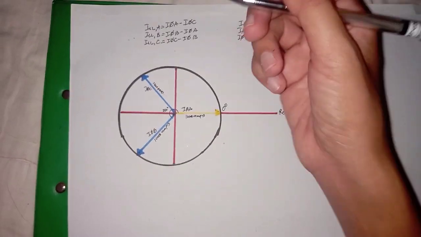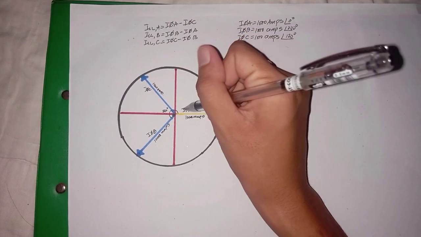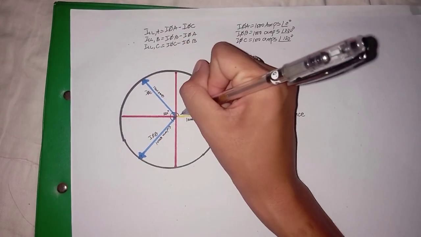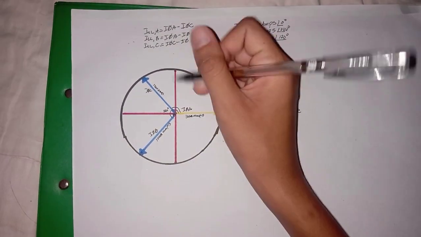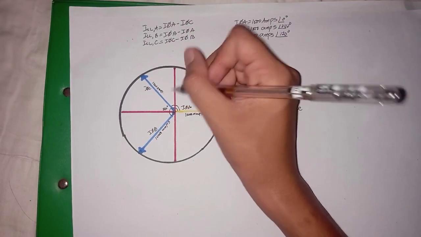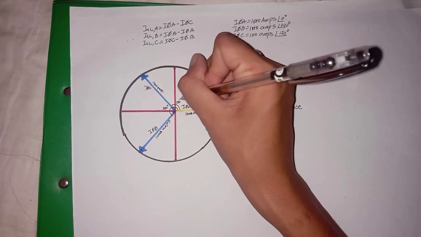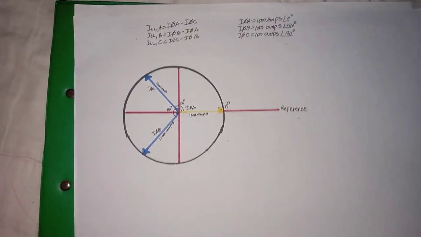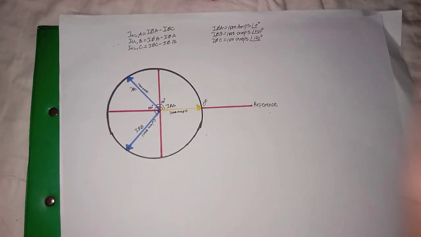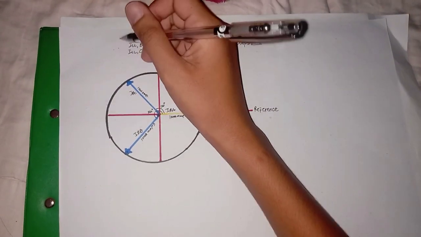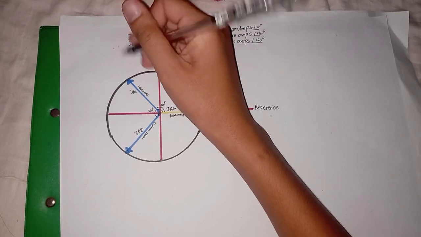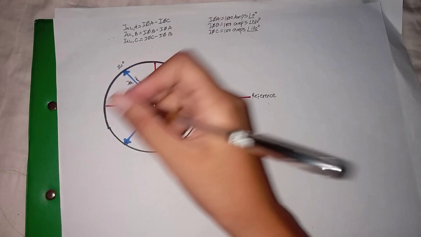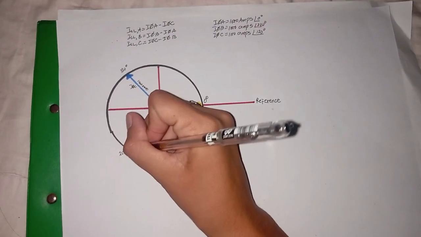The angle from the reference line going counterclockwise is 120 degrees to get to this phasor. So we're saying that this angle right here is 120 degrees, and this angle here is 240 degrees.